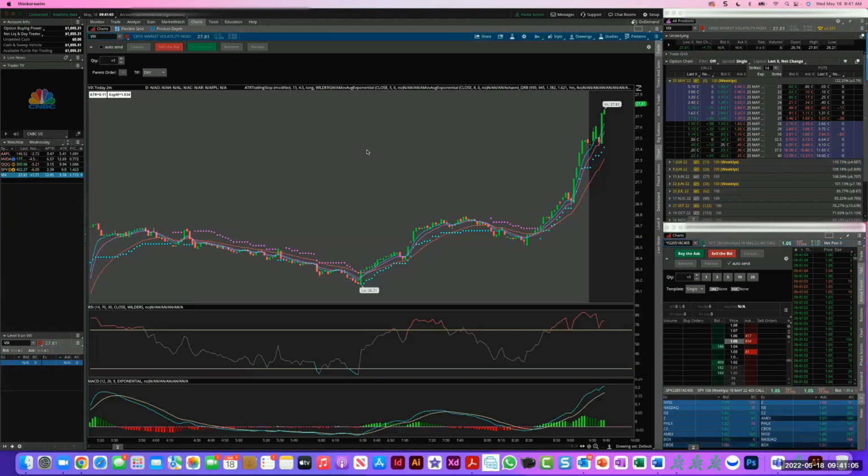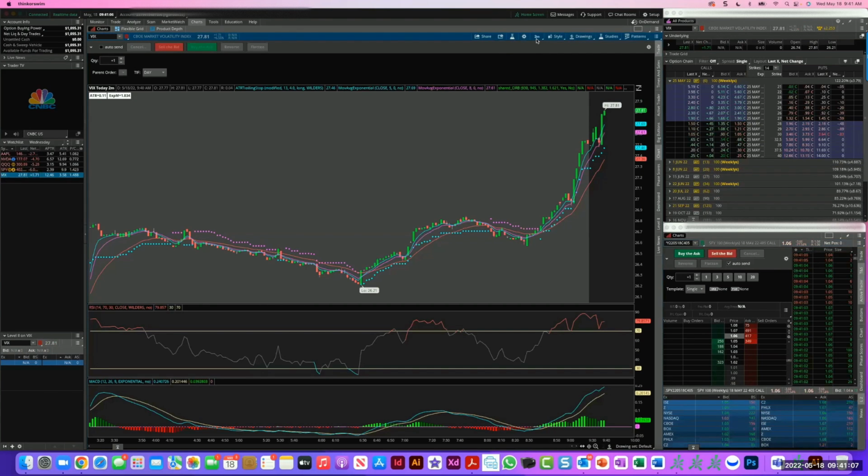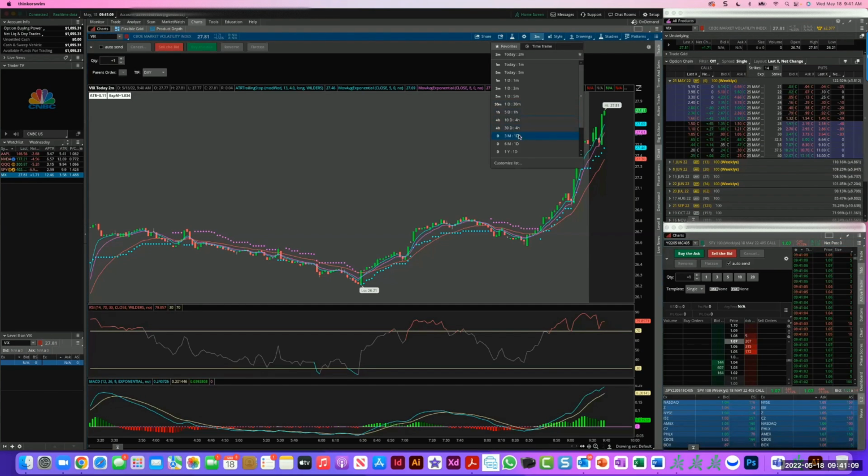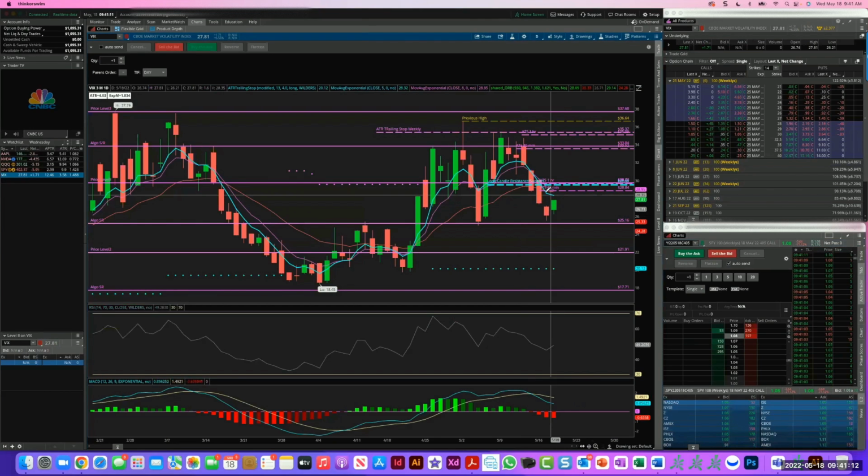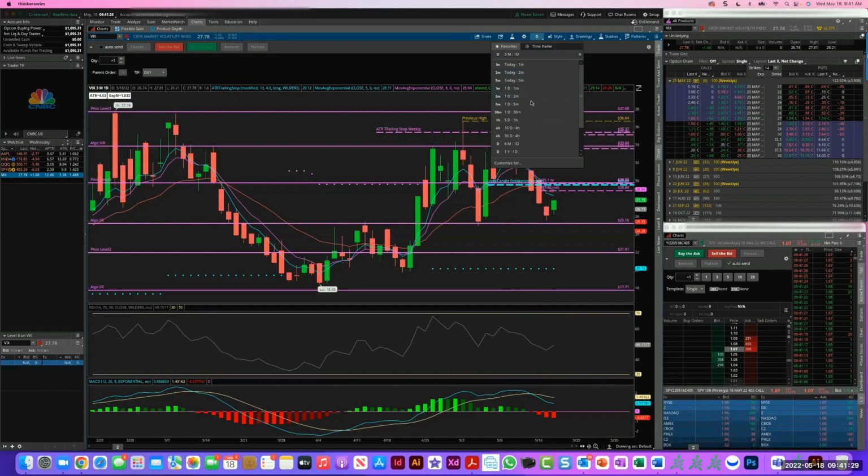Looking at the VIX, again, go back to our daily chart, and we have a VIX target for rejection at 28.31. The VIX is currently at 27.78. I'm sorry, this is 28.31.